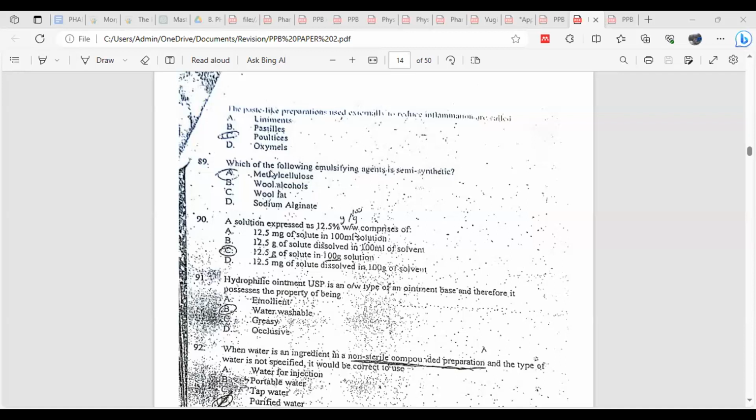Which of the following emulsifying agents is semi-synthetic? How do you get sodium alginate? The source.